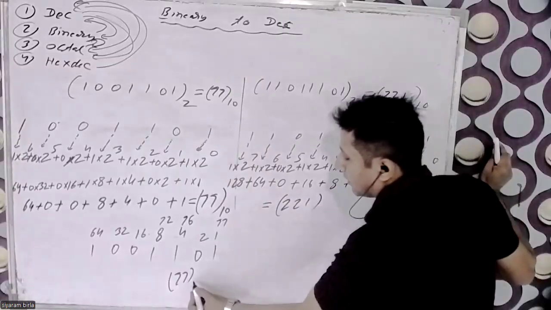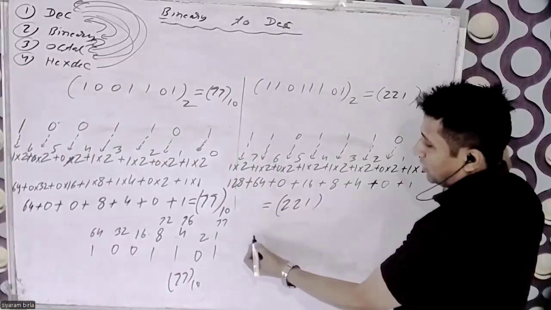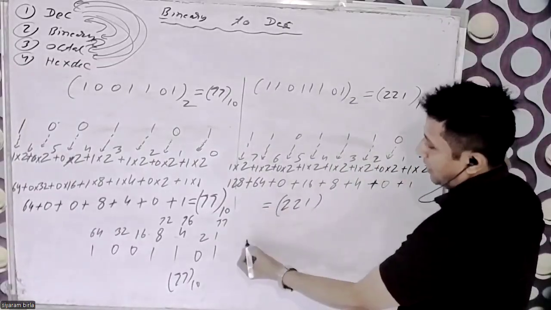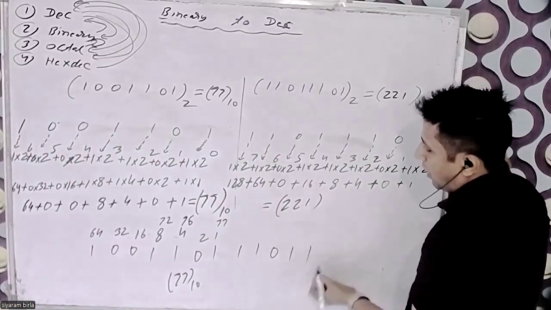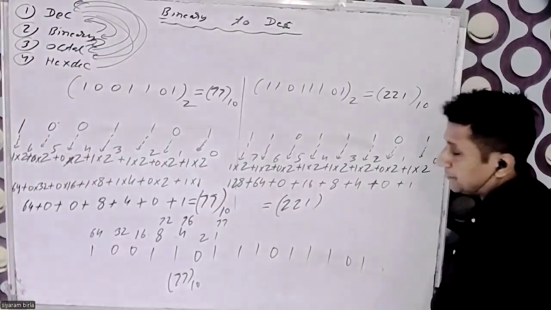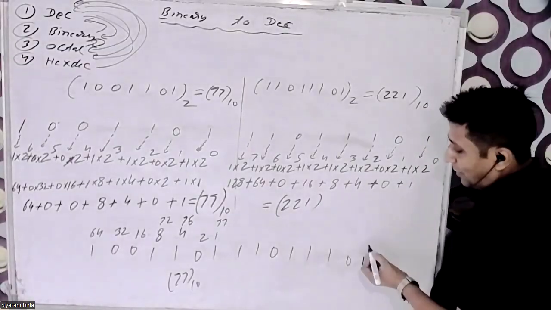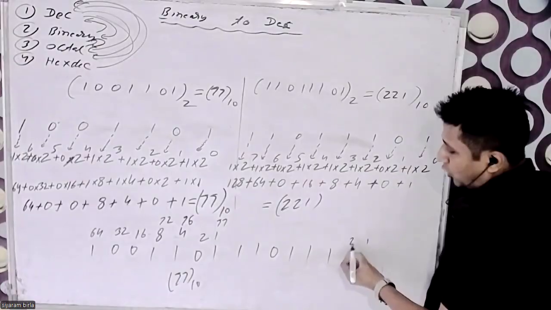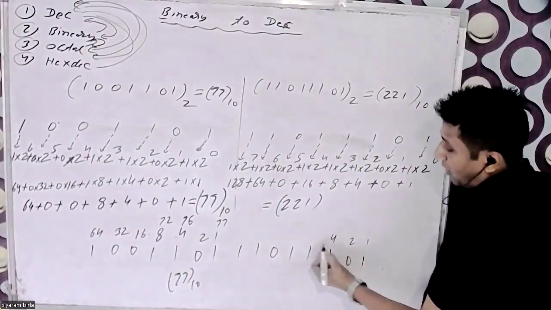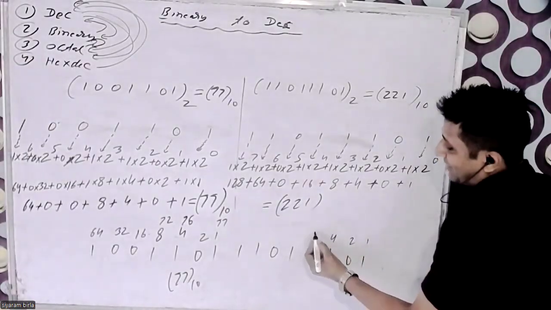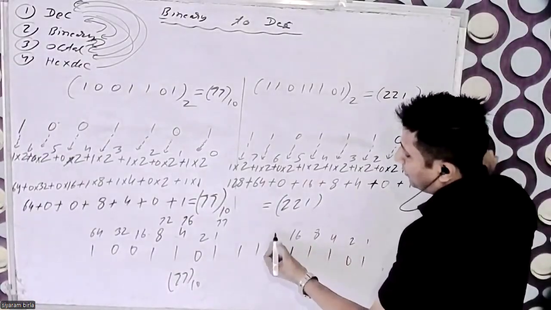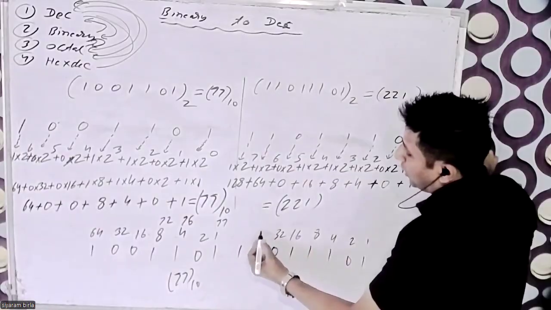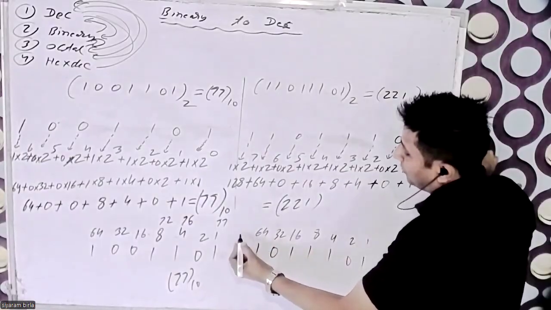It's a very easy method. If I write down this binary number, 1 1 0 1 1 1 0 1, I write down the double values: 1 doubled is 2, 2 doubled is 4, 4 doubled is 8, 8 doubled is 16, 16 doubled is 32, 32 doubled is 64, 64 doubled is 128.